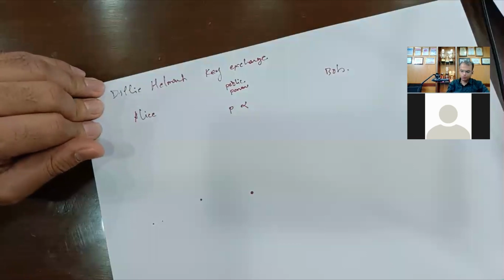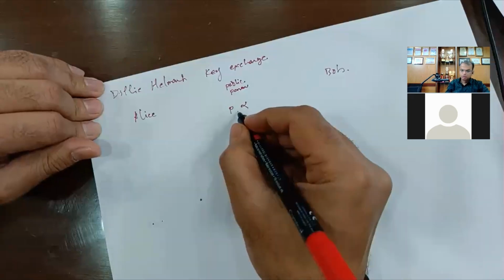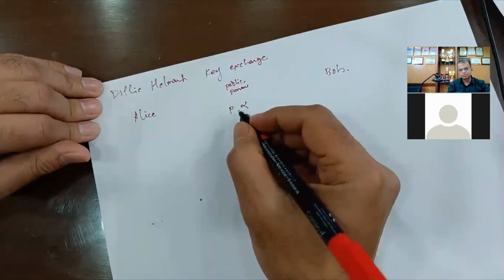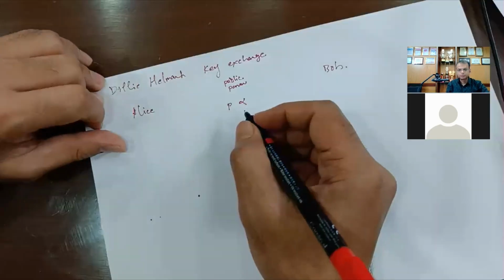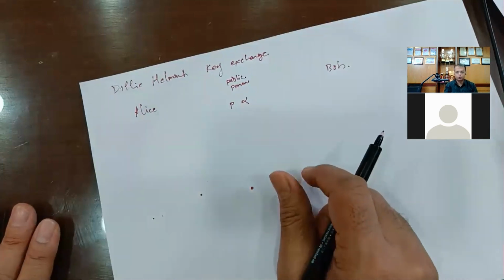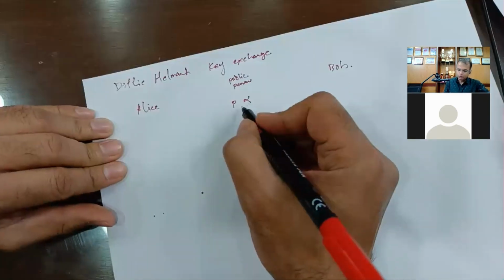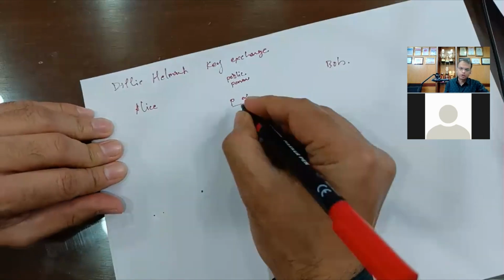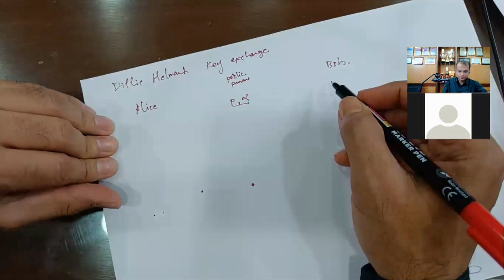Do you remember that primitive root? So alpha is the primitive root of P. I'll revisit that primitive root again while solving the example. As of now, these are the two parameters which Alice and Bob know about.